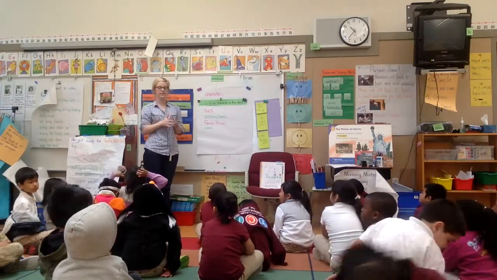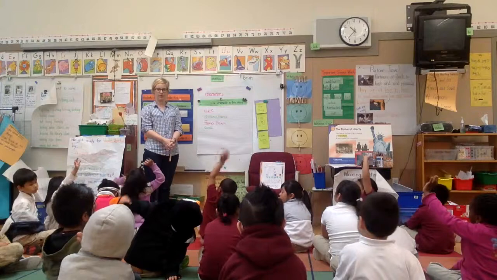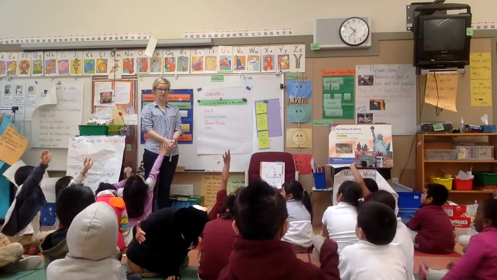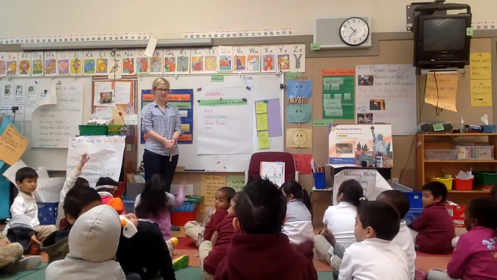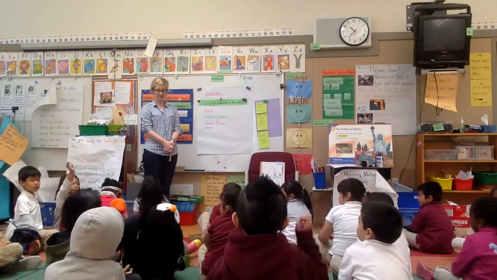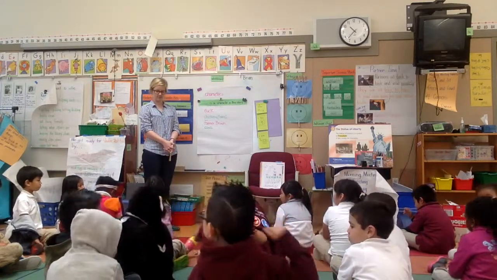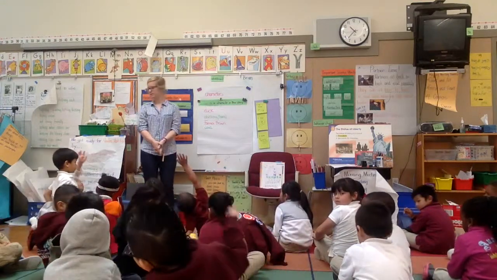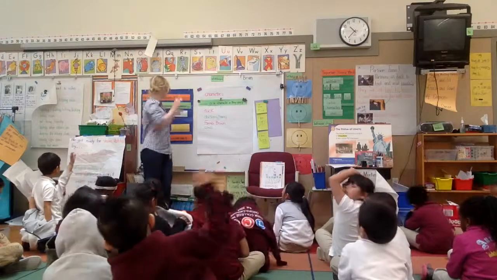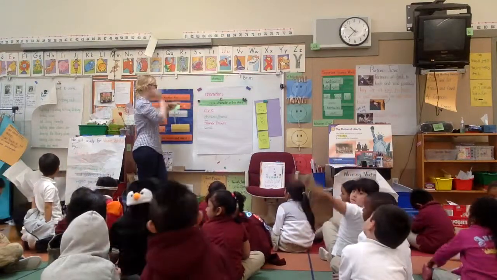Could someone give me an example of a sentence that they just told their partner? Jose Luis? He didn't tell his partner. Sabrina? Very good. All right, now we are going to do our second one.